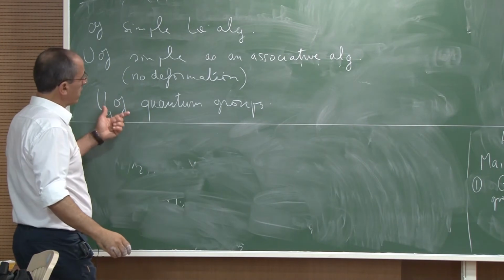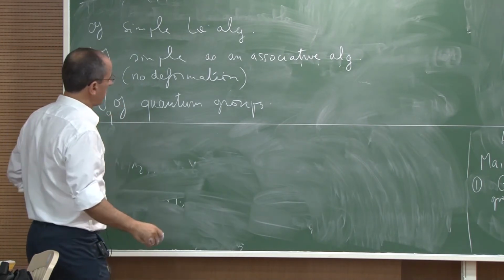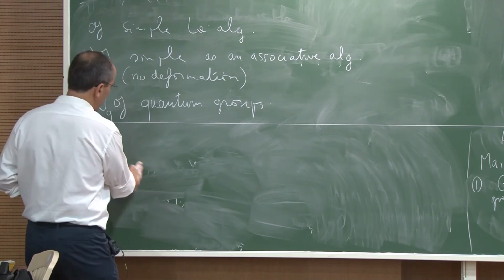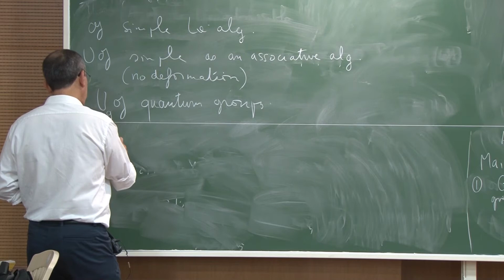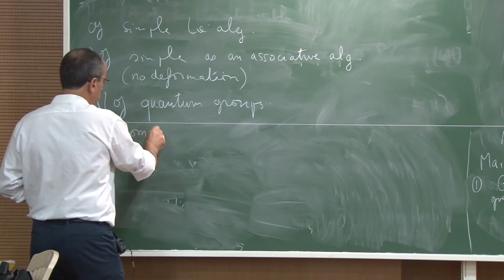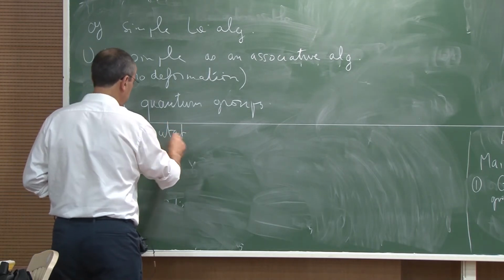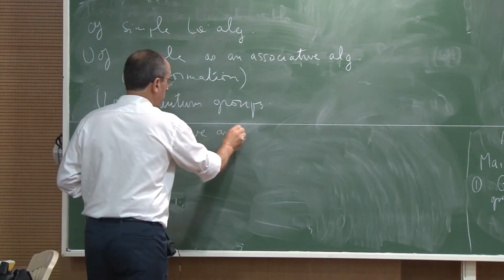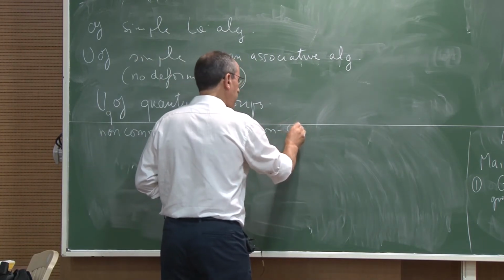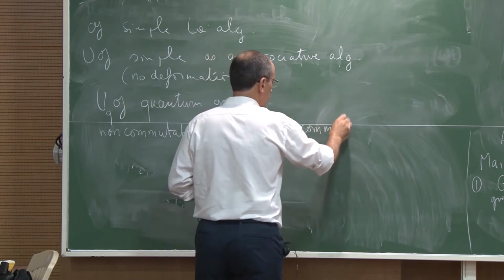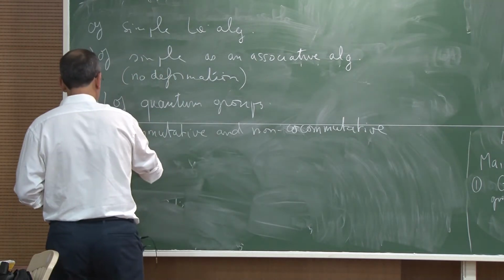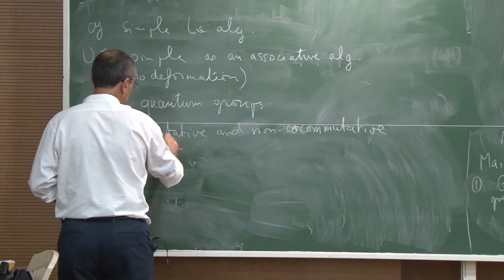And for this quantum group, roughly speaking, what we deform is that this is a non-commutative and non-co-commutative deformation of UG.